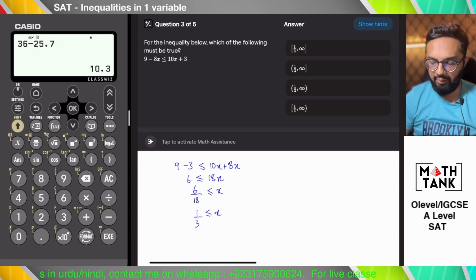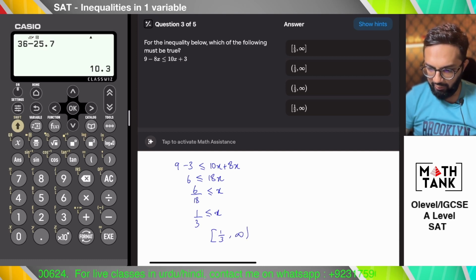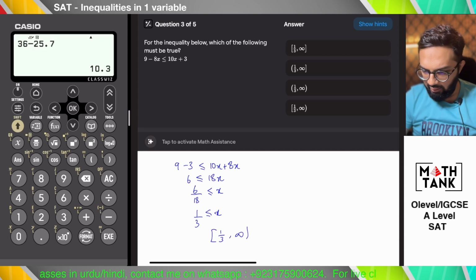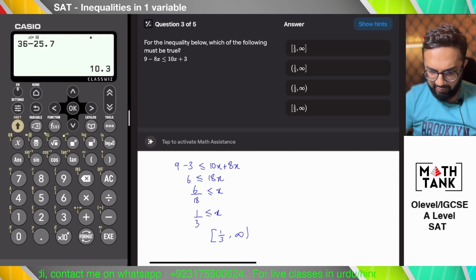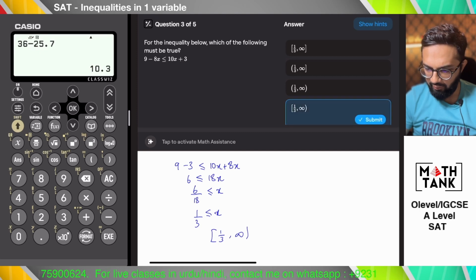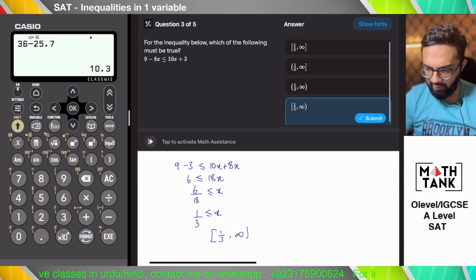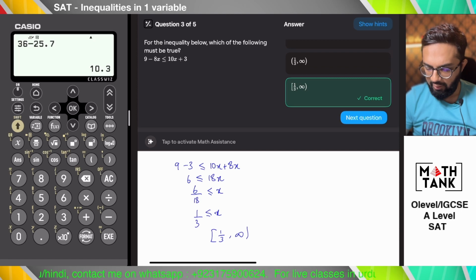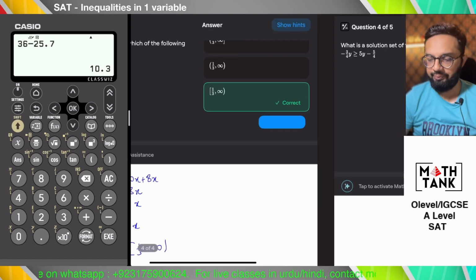So 1/3 is included, so there's a square bracket on 1/3. It goes up to an undefined value, so infinity. So I'm going to say that, oh, I see two of them as correct answers. The answers are matching. I don't know if that's going to be correct or the other one is going to be correct. Let's see. Yeah, it is correct.